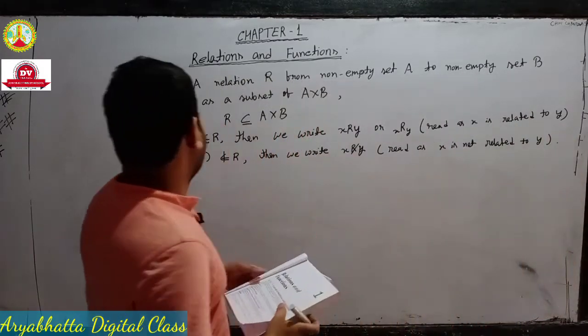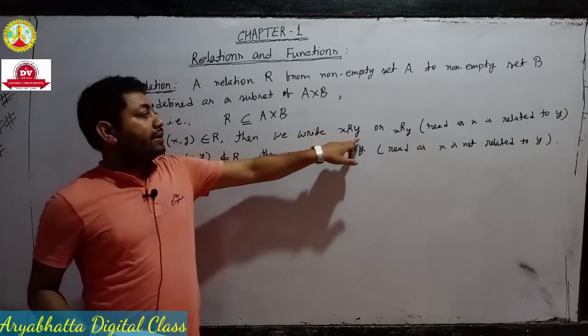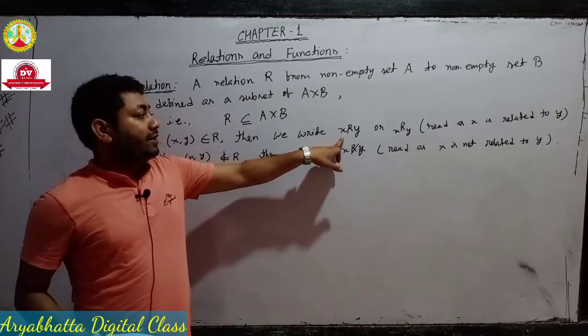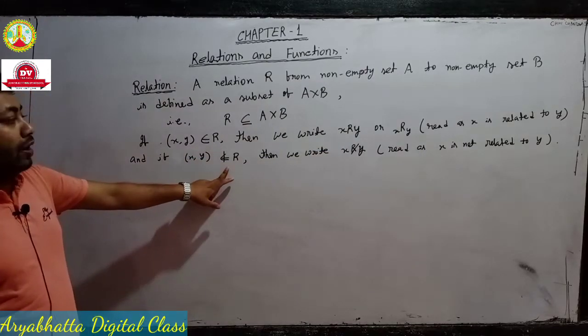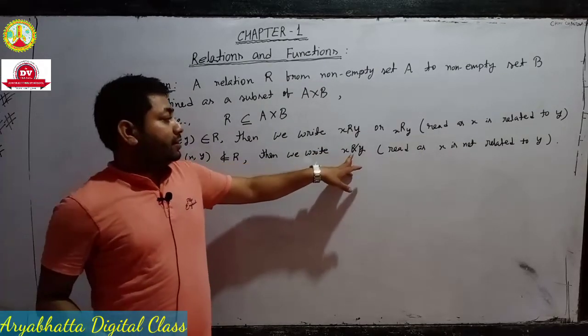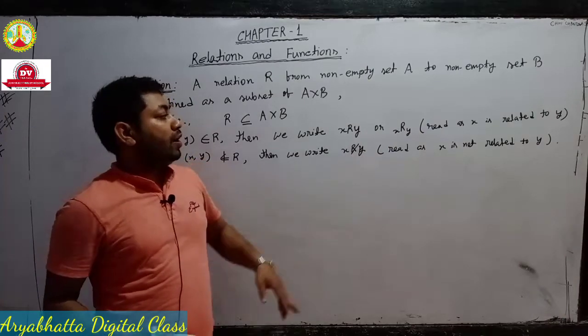If the ordered pair (x, y) belongs to R, then we write x R y, read as x is related to y. If the ordered pair (x, y) does not belong to R, then we write x is not related to y.